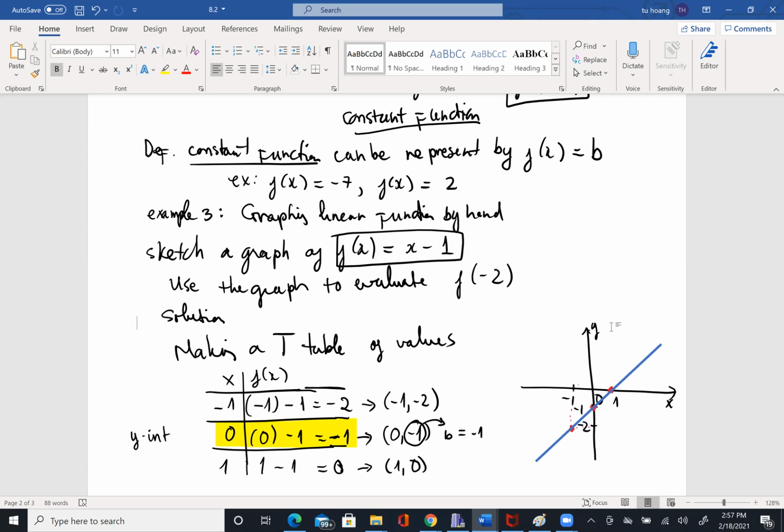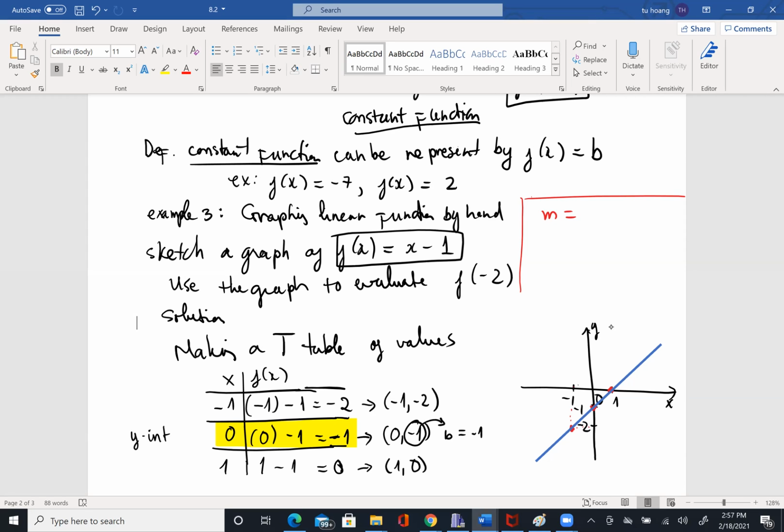If you want to have the formula, the function of it, the slope will be the change in y over the change in x.